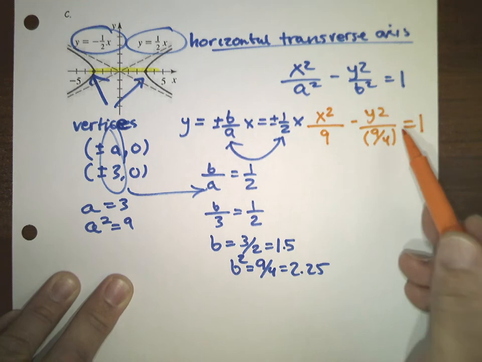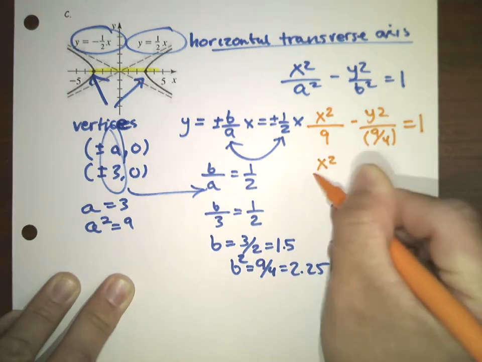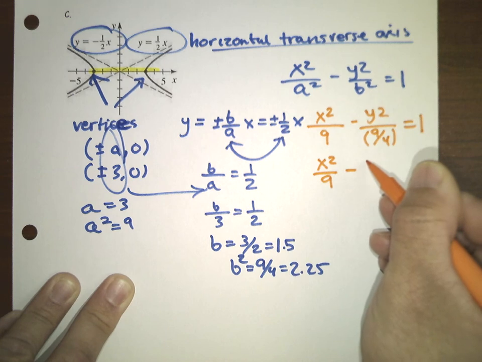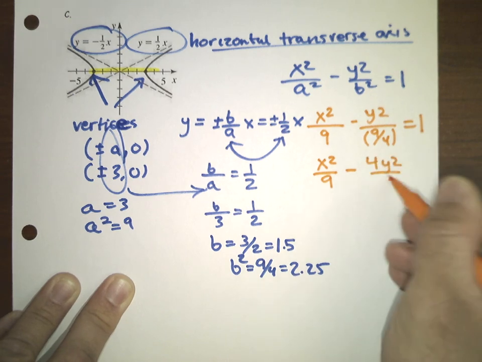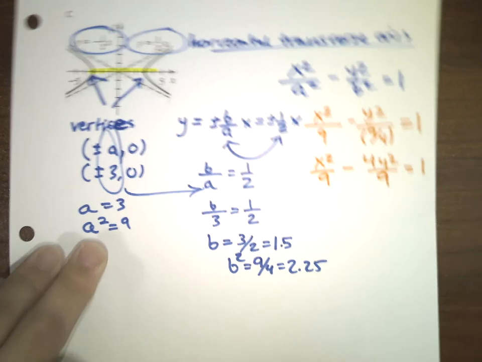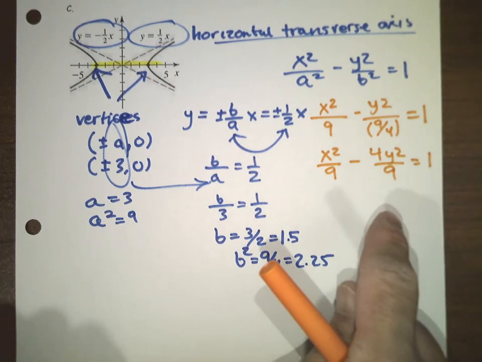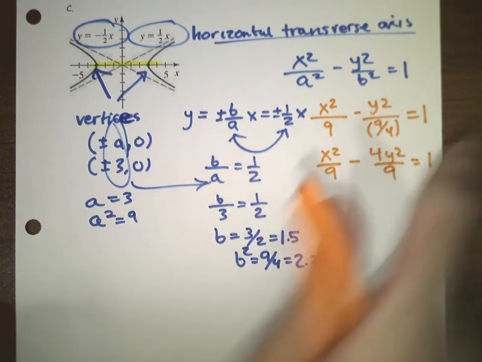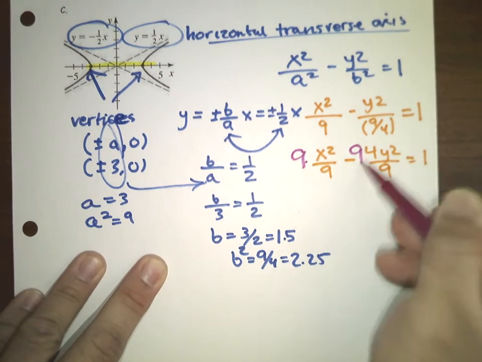Here I can multiply by the reciprocal to get x squared over 9 minus 4y squared over 9 equal to 1. That's only because I don't want to mix fractions with another fraction. Then I can multiply through by 9 to clear the fraction.